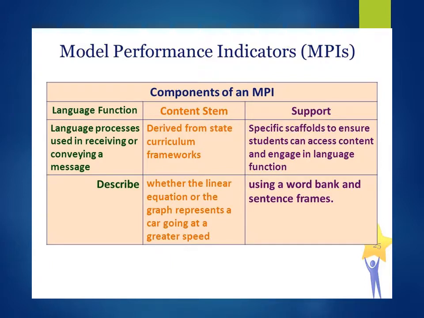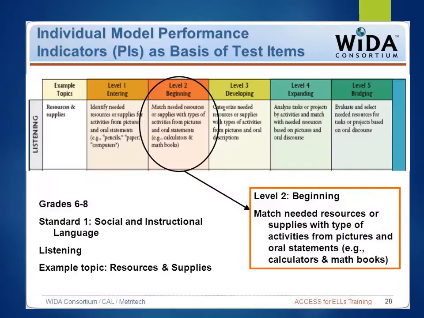How is the student going to show what he knows about this math concept using the language function of describing? What support does he need to do that? And our example here gives him a word bank and sentence frames. Okay, so this is one example of an MPI.